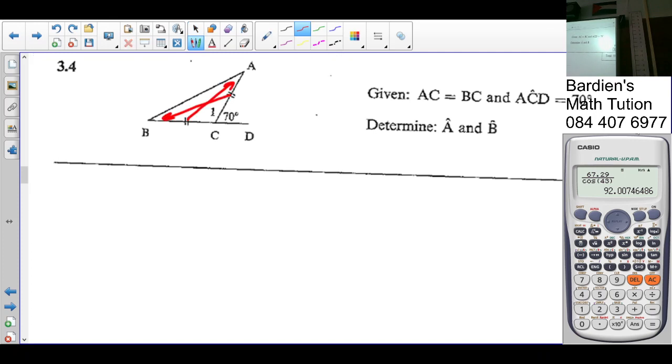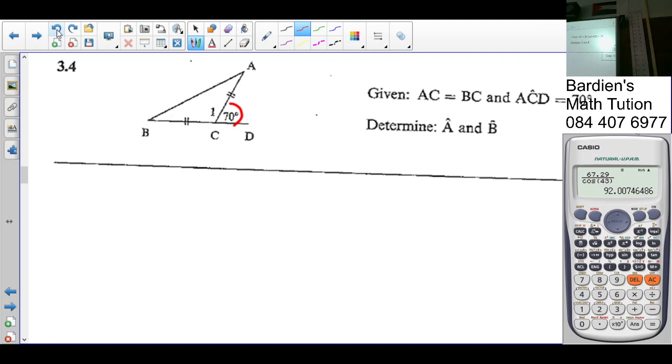So we can say exterior angle is equal to sum of the interior opposites. You all agree with that? We could have calculated C1 first and then gone sum of angles of a triangle, the same thing.